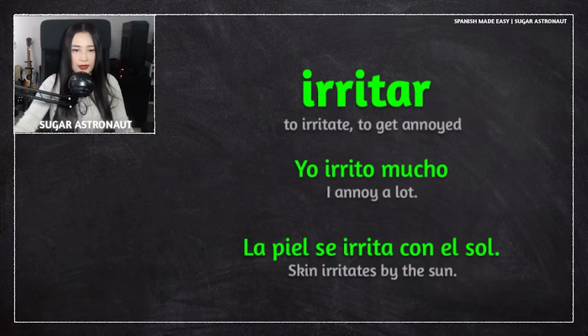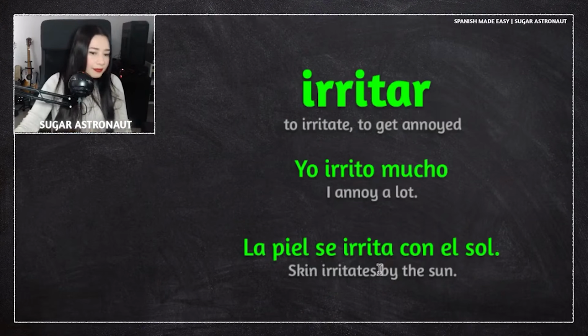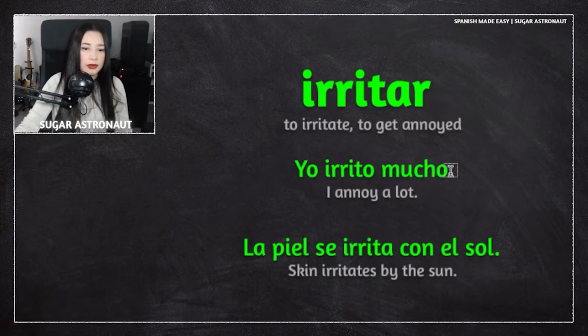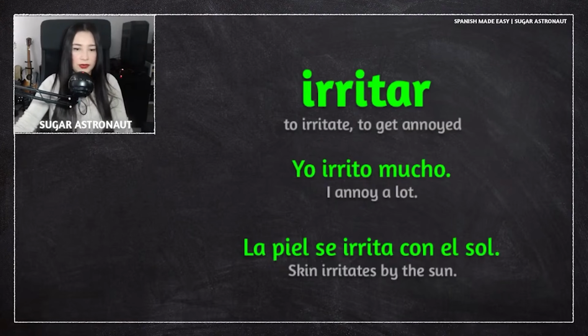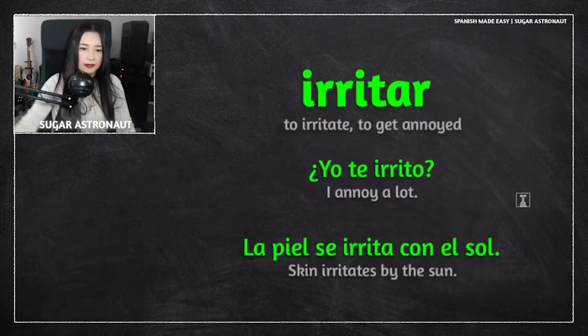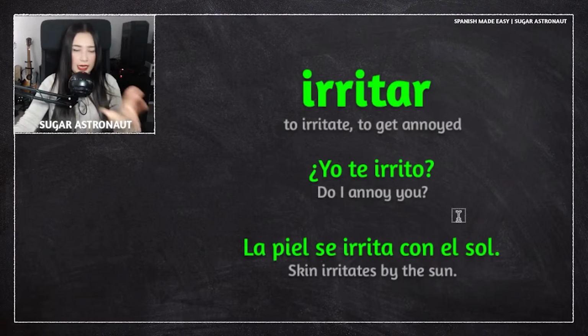It's very interesting how this works. La piel se irrita con el sol. Skin gets irritated by the sun. Or, you know, yo irrito mucho. I annoy a lot. That's a way to use this verb. Yo te irrito. Do I annoy you? Okay, so that's how to use irritar.